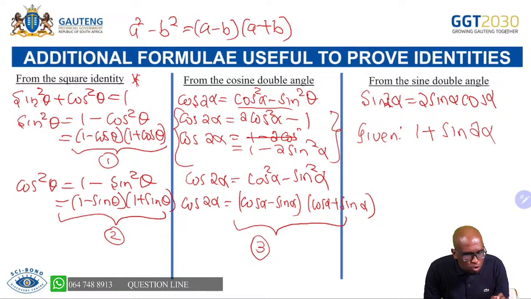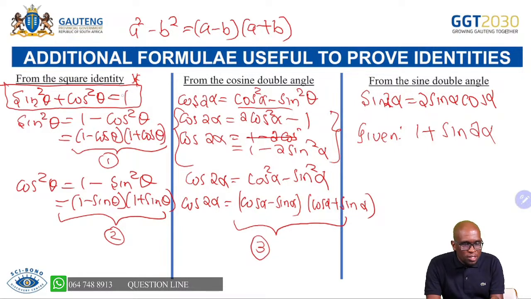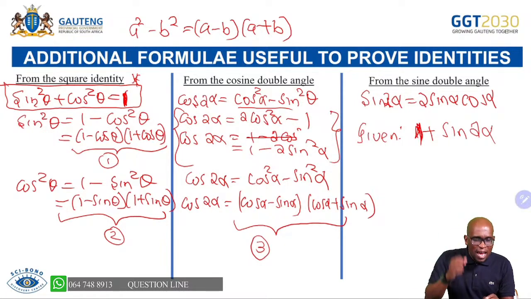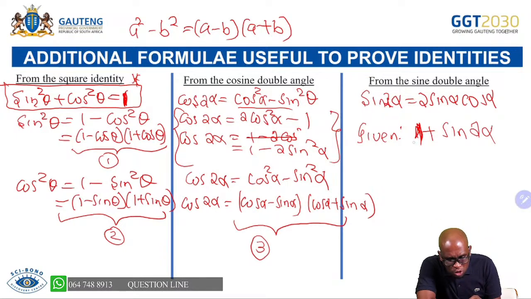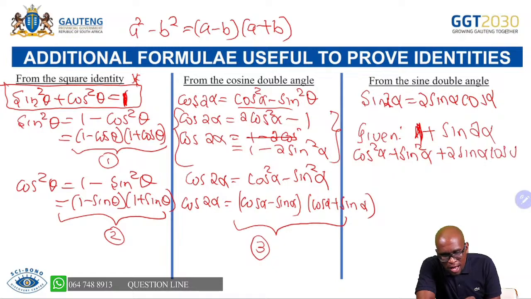We are going to use this identity that I'm putting in a block there. You see 1, there is 1 there. 1 can be written as what? Sine squared plus cos squared. So I am going to change 1 and write it as cos squared of alpha plus sine squared of alpha plus 2 sine alpha cos alpha.